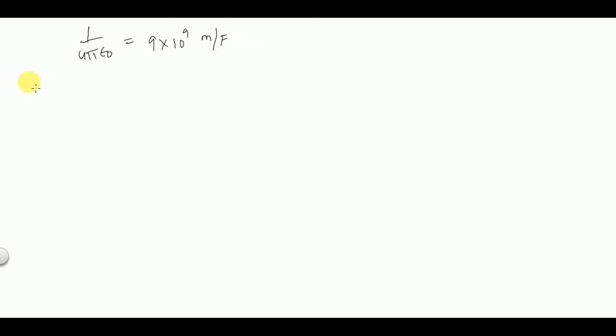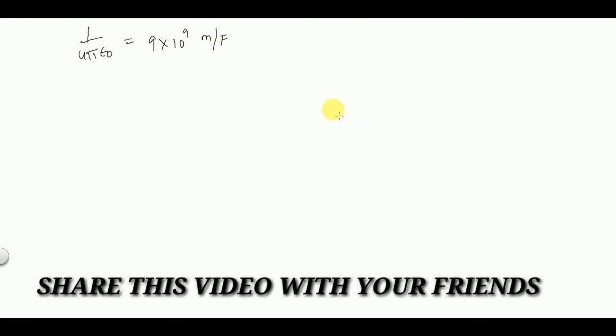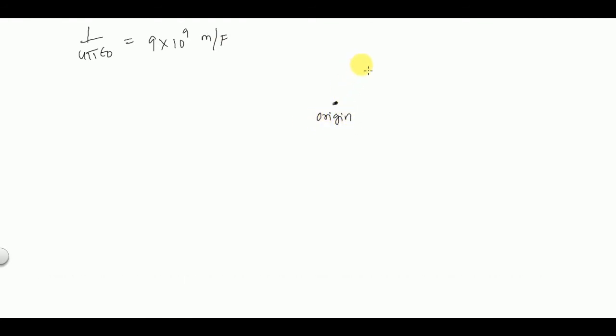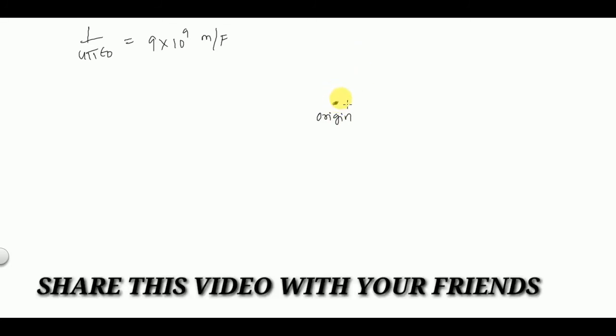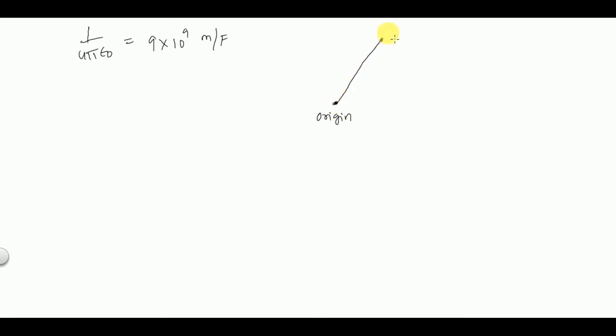Combining these, suppose you have two point charges, and this is the origin, with Q1 here and Q2 here.